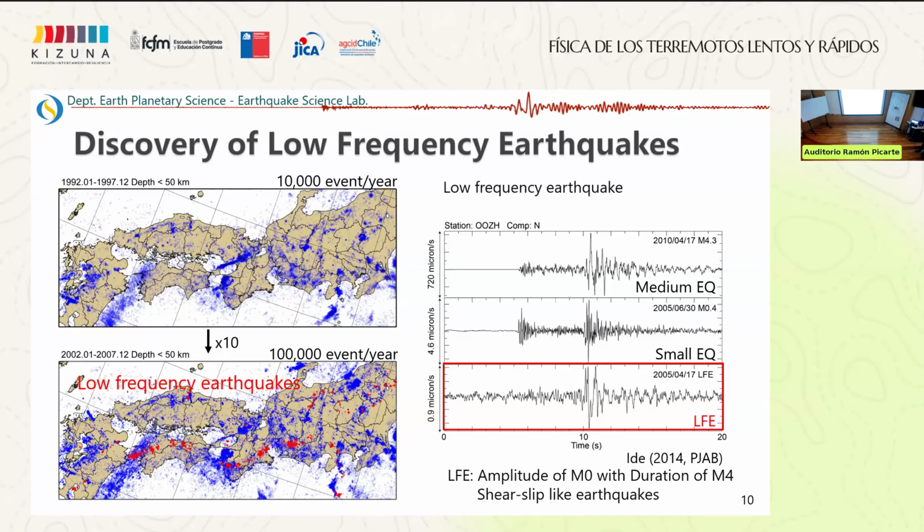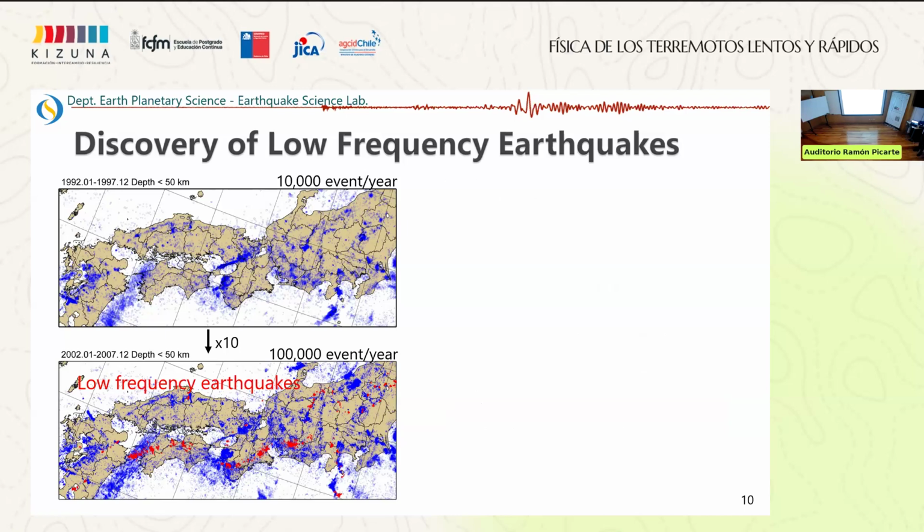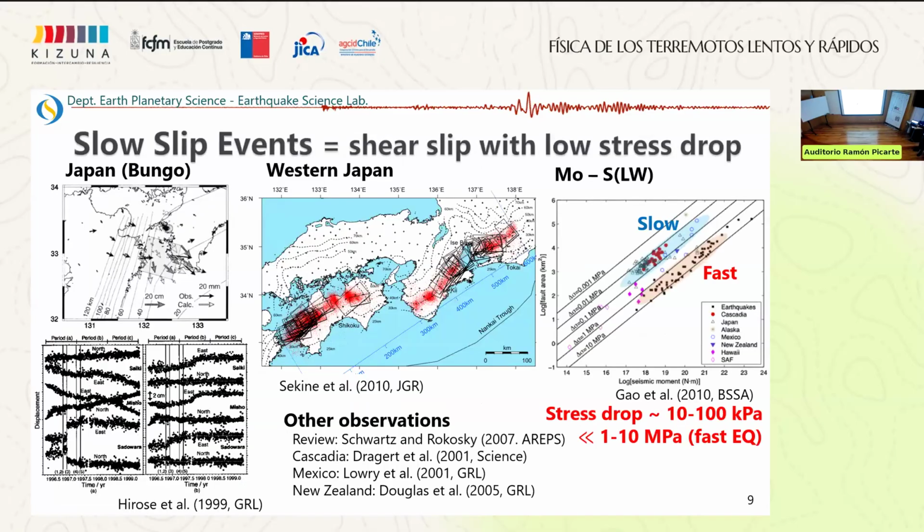So it's a very small amplitude but a long period, which we didn't observe before. These are also located around here in the Nankai region, essentially the same area where slow slip events occur.